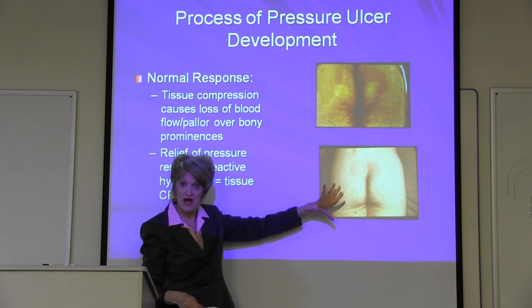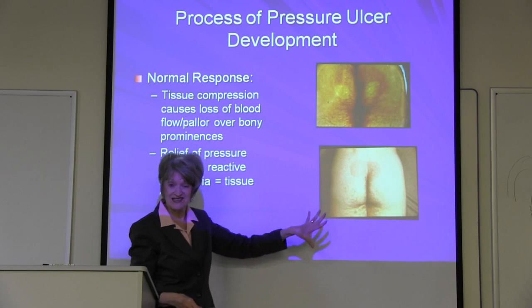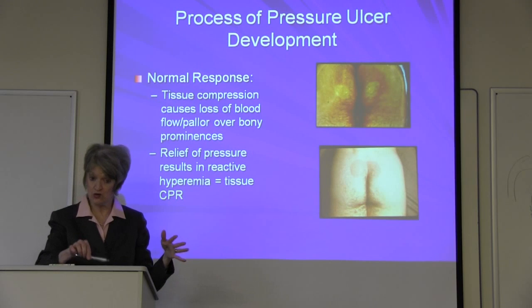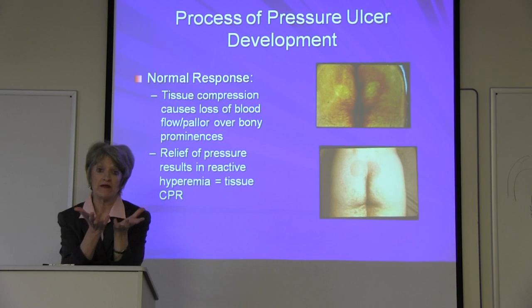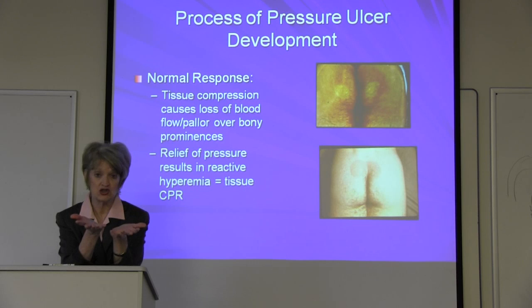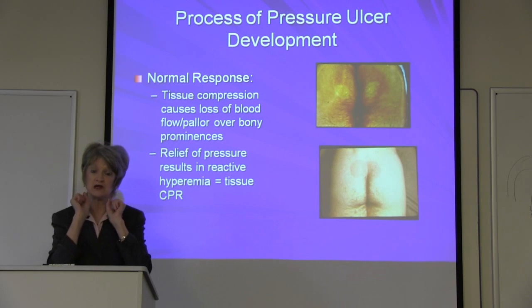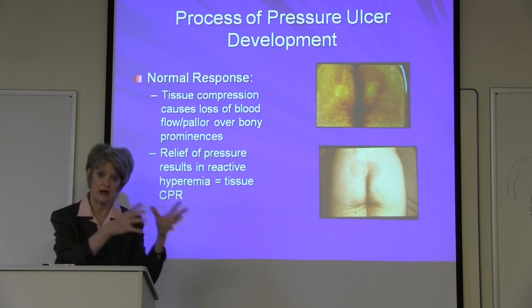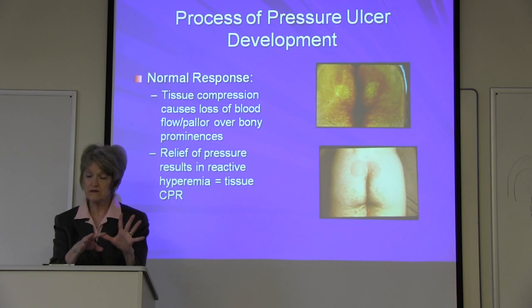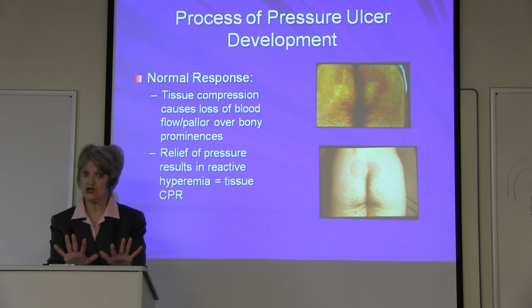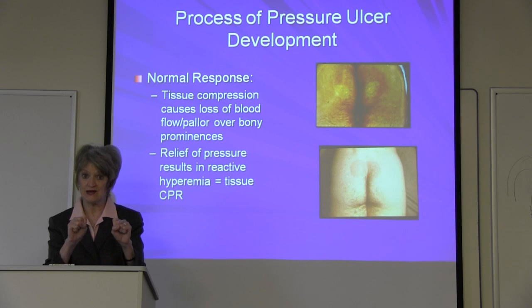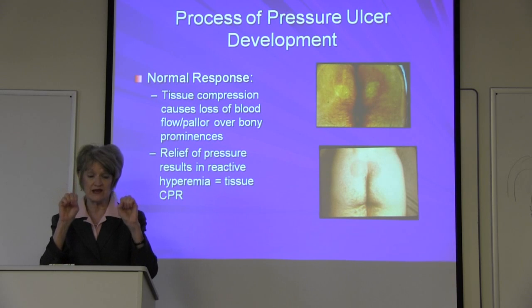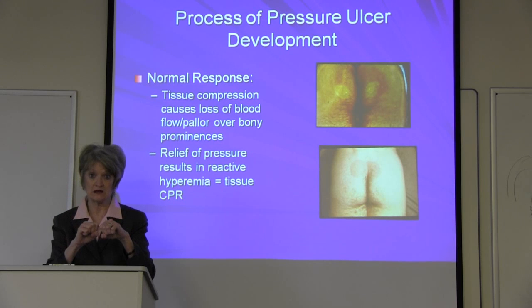This is reactive hyperemia. I call it tissue CPR in progress because what's happening? You have all of these tissues that are oxygen hungry, that built up an oxygen deficit. Now blood's rushing into that area to supply oxygen and nutrients, pick up carbon dioxide. As soon as those tissues get their oxygen needs met, they'll stop sending out SOS signals and the surrounding vessels will go back to normal size.